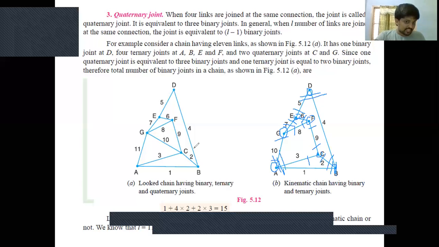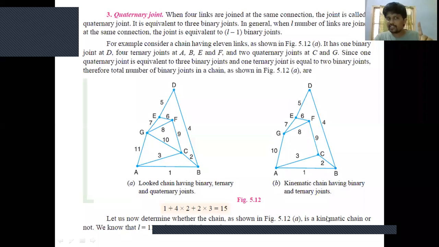Now, if you see this C here, it is having 4: 1, 2, 3, 4. That is known as a quaternary joint. The ternary part you understood, right? One ternary is equal to 2 binary joints. Now one quaternary joint is equal to 3 binary joints.